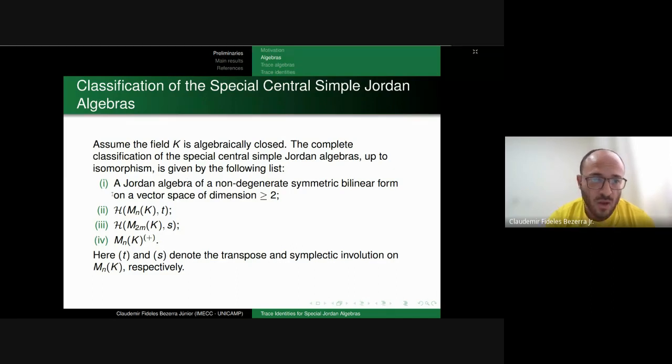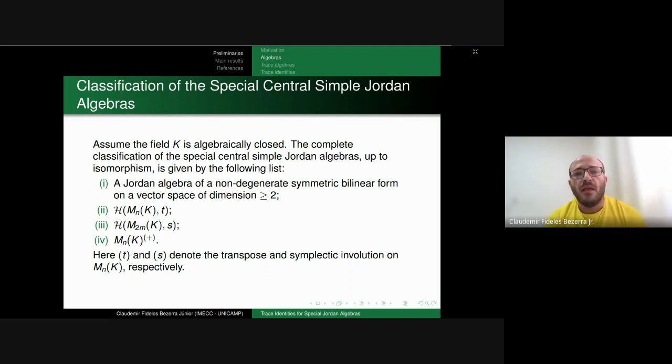Either it is the Jordan algebra of a non-degenerate symmetric bilinear form on a vector space of dimension greater than or equal to 2, or the vector subspace of symmetric elements in matrices under the transpose involution or the symplectic involution, or the last one is the matrix algebra equipped with the Jordan product.